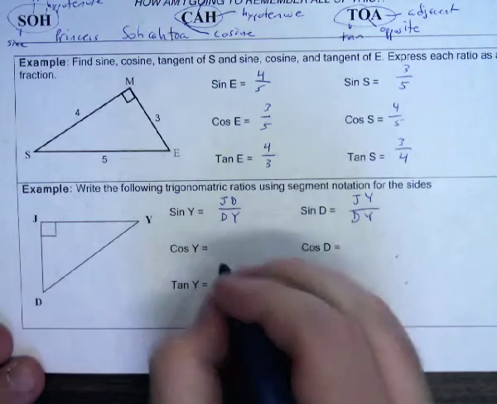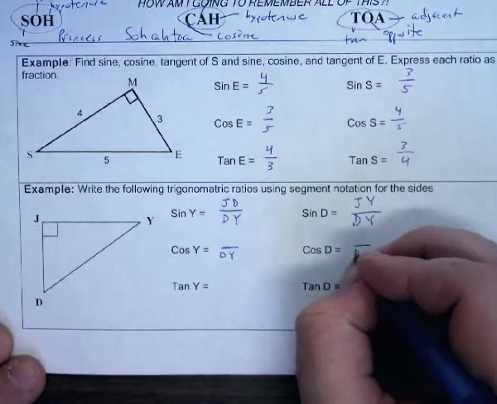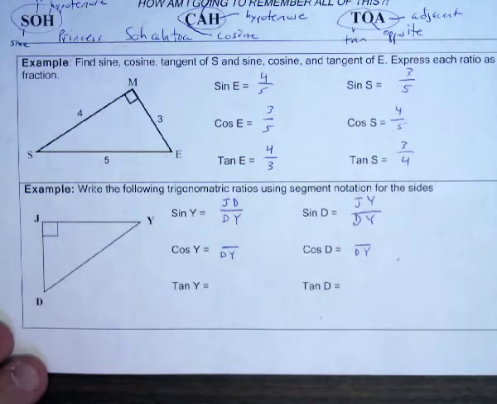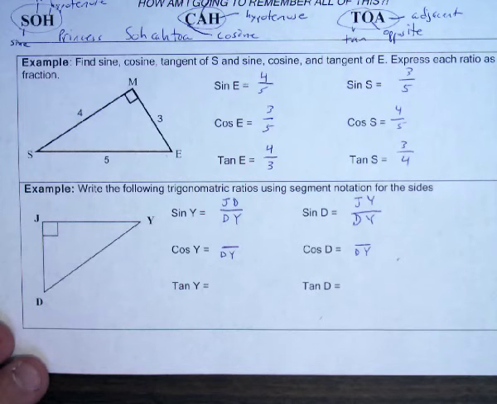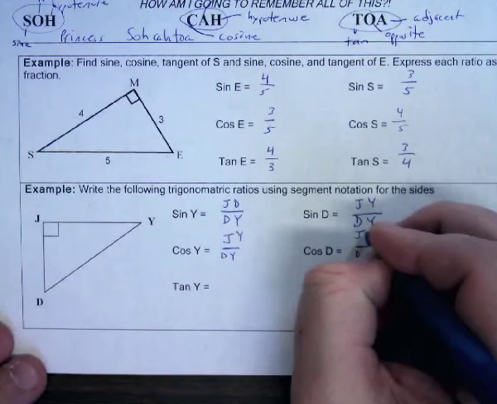Okay, so for cosine, the hypotenuse is going to be the same, and you need to find the adjacent side on top. Alright, so go ahead and do that. You should have done JY and JD.